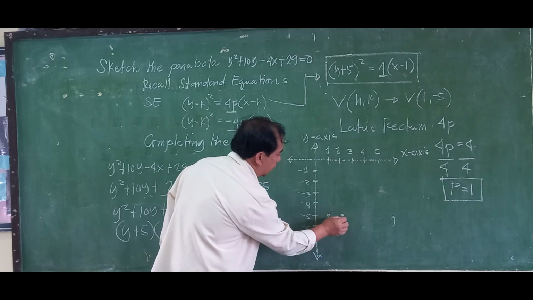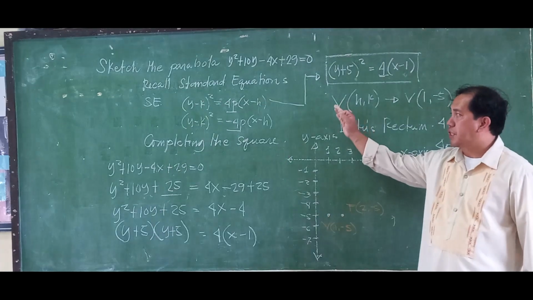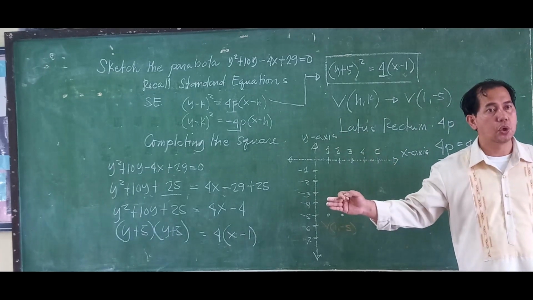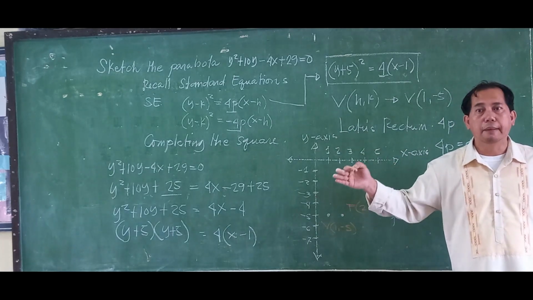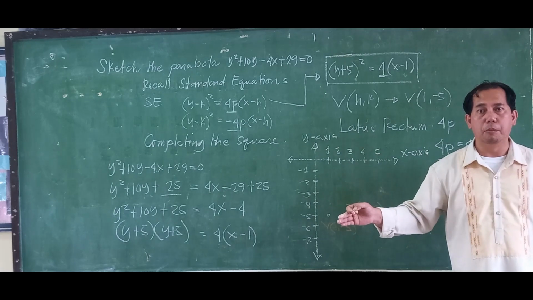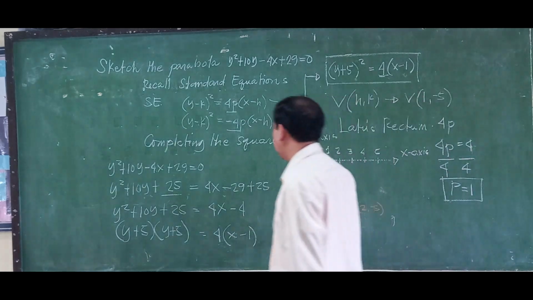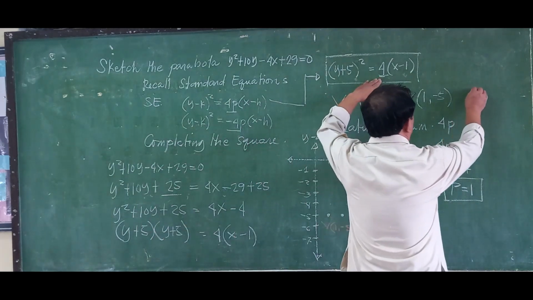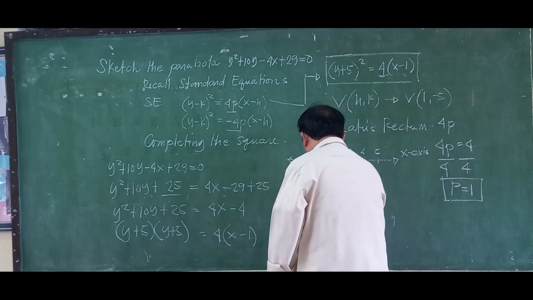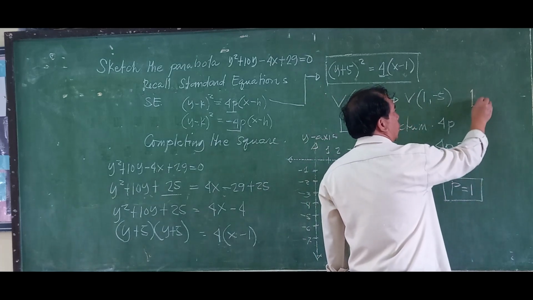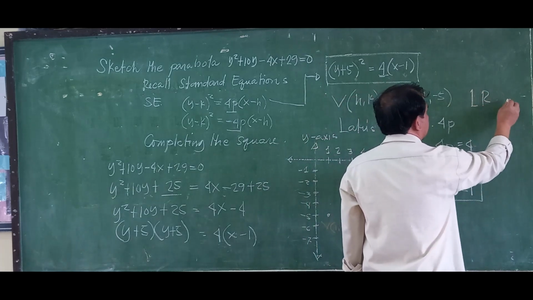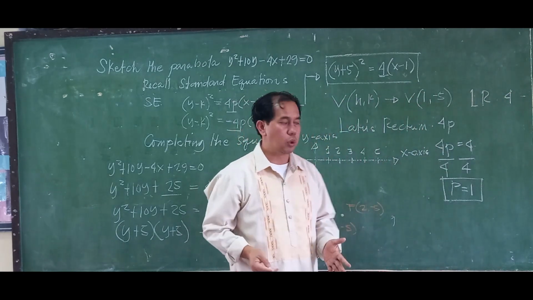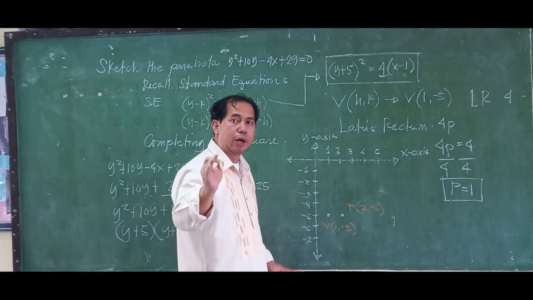Now, when we sketch, we have to consider again the endpoints. Endpoints of what? The latus rectum. What is our latus rectum? That is the same as 4. So our latus rectum is 4 units. Half of it is what? 2.